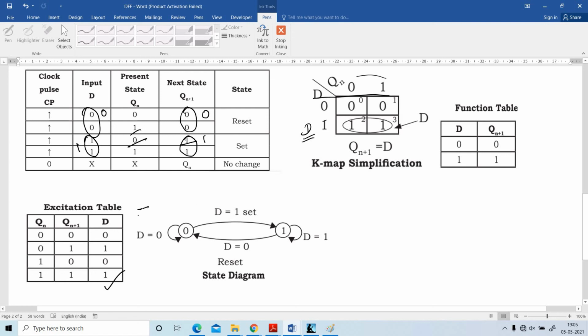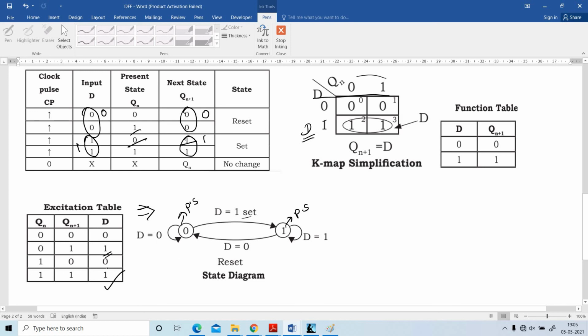From the excitation table, we can draw the state diagram. To draw the state diagram, first put two circles, 0 and 1. This indicates the present state. When D is equal to 1, the set state is in the flip-flop. D is equal to 1, the state goes from 0 to 1, that is the set state.